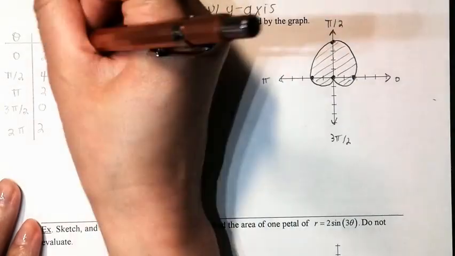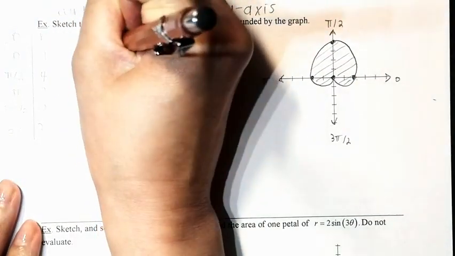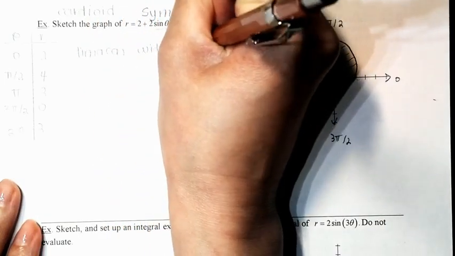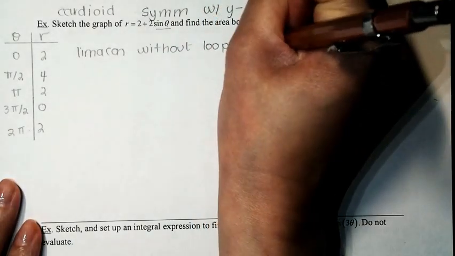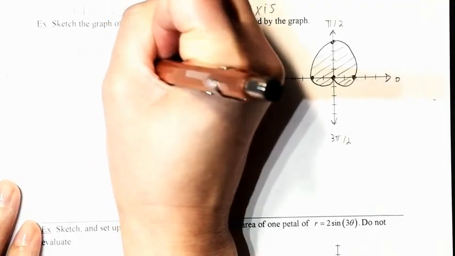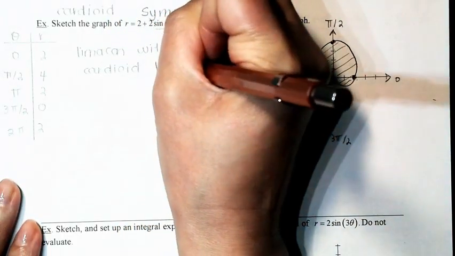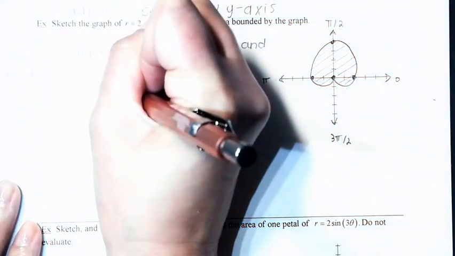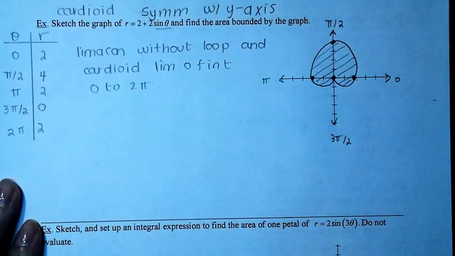So it's limacon without loop, and cardioid. The limits of integration, 0 to 2 pi.